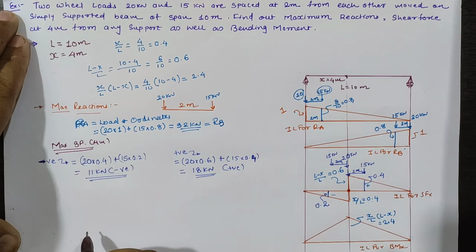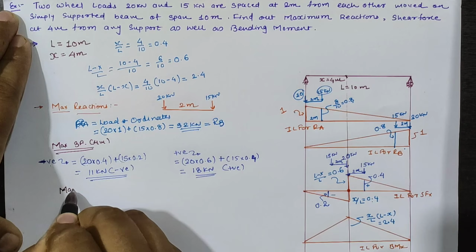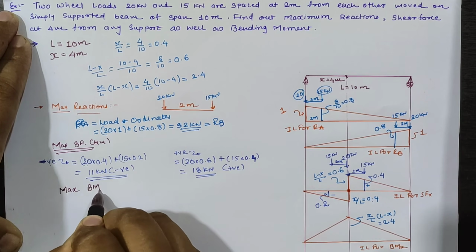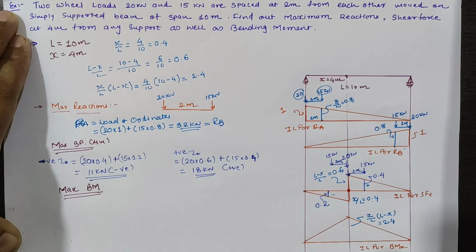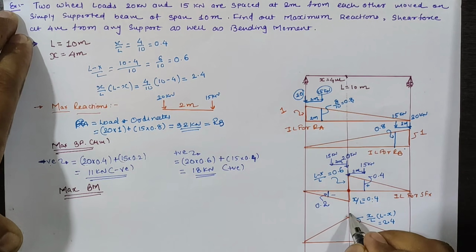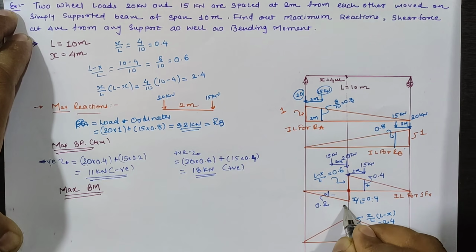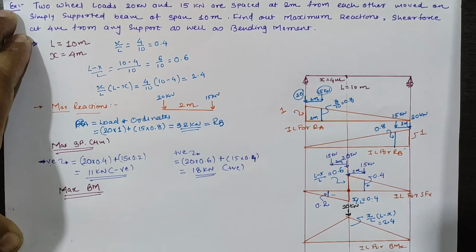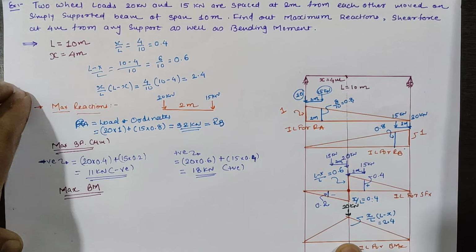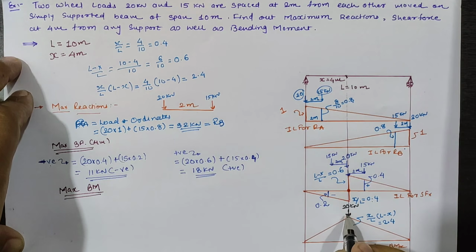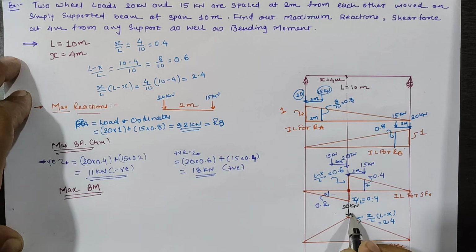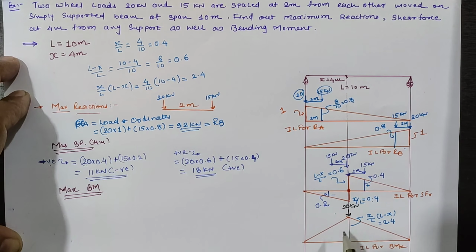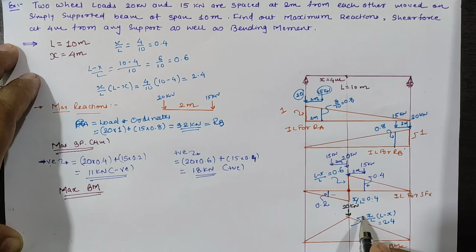Now going ahead for the maximum bending moment, as the 20 kilonewton load is on the section for the maximum ordinate value, we have to put the 15 kilonewton either on the left or on the right. So let us first calculate the ordinate at 2 meter from the left hand side and the right hand side.